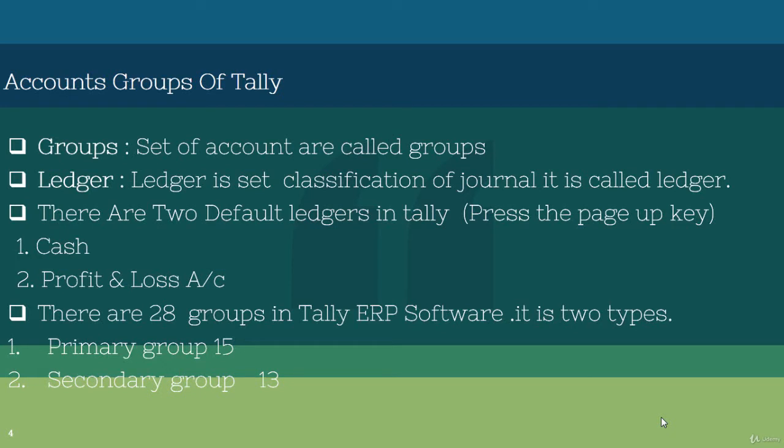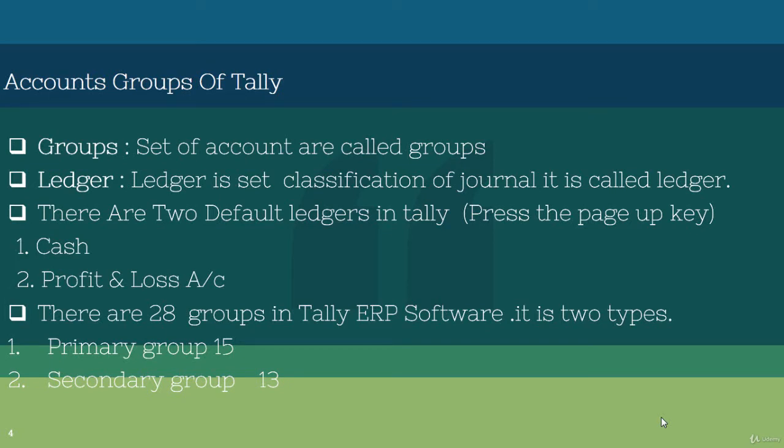Now, what is a group? A group is a set of accounts. The set of accounts are called groups, and then we are going to know what a ledger is. A ledger is a set of classifications of journal. It's called a ledger.